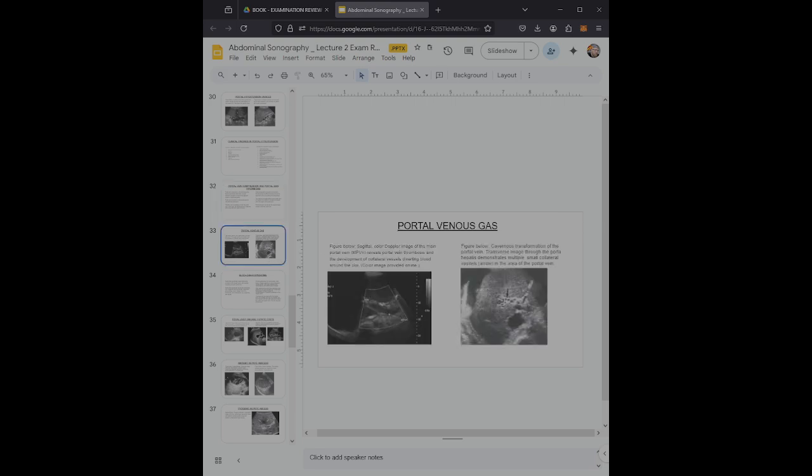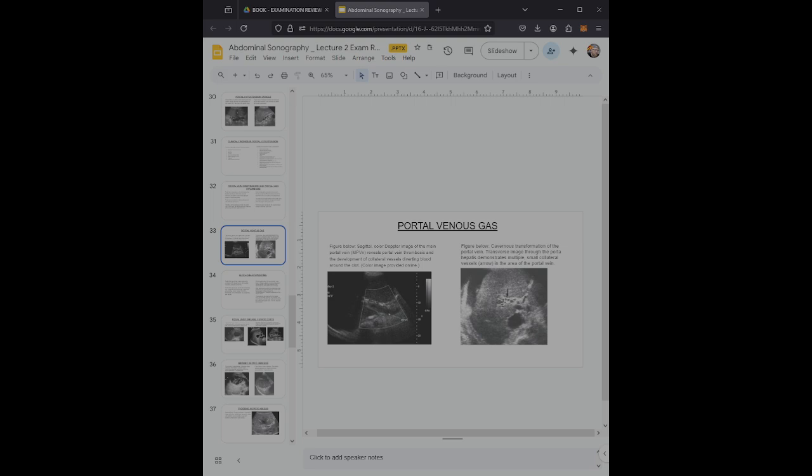Portal venous gas. So you can have gas within the portal veins or mesenteric veins. That results from ischemic bowel disease, and it is typically fatal. However, portal venous gas may be associated with diverticulitis, sometimes appendicitis, inflammatory bowel disease, bowel obstructions, or ulcers.